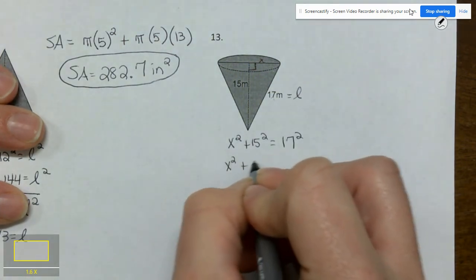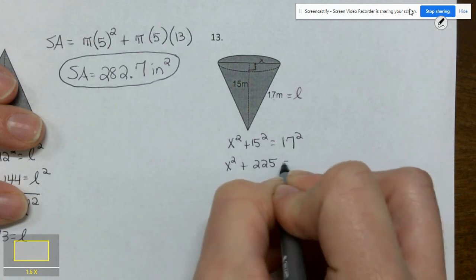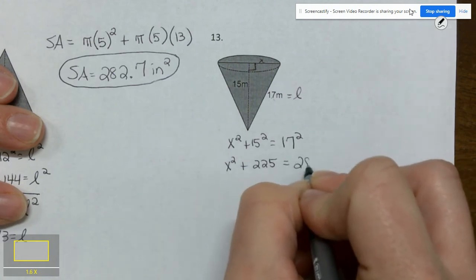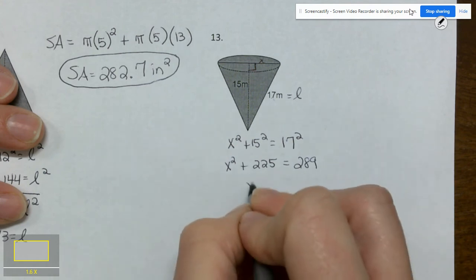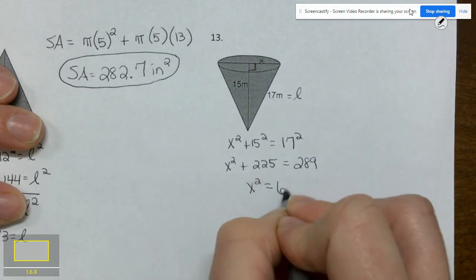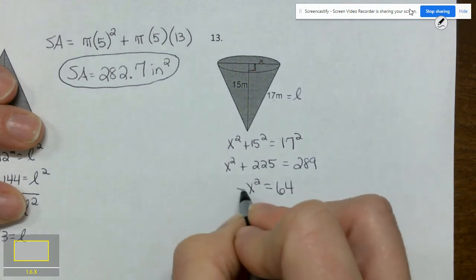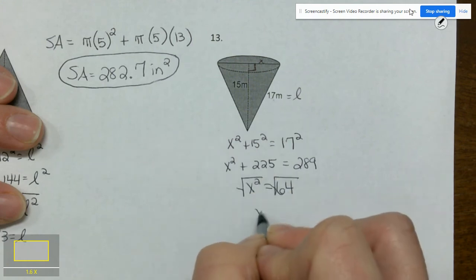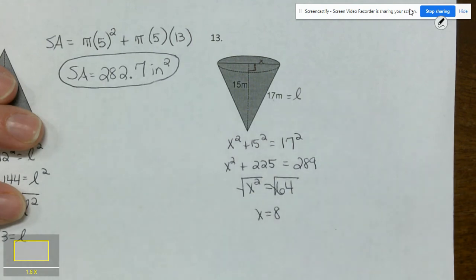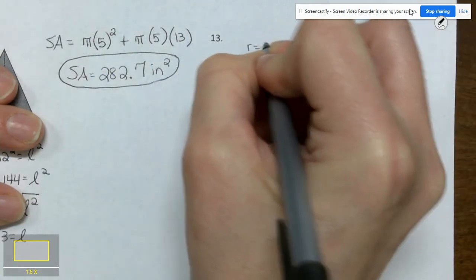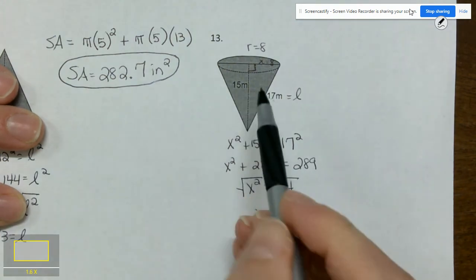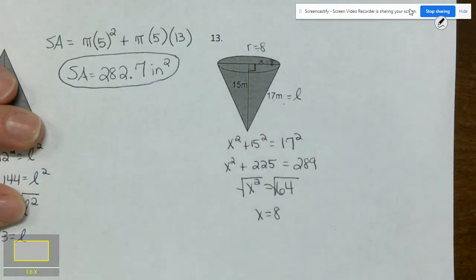Okay, 15 squared is 225, and 17 squared is 289. If we subtract 225 from both sides, that gives us 64. And then if we take the square root, that gives us x equals 8. So that means our radius is 8. So our radius is 8 and our slant height is 17.